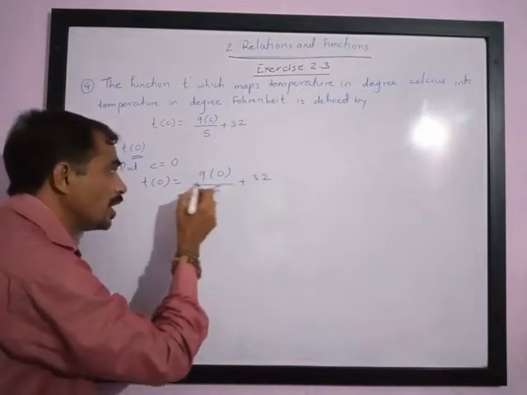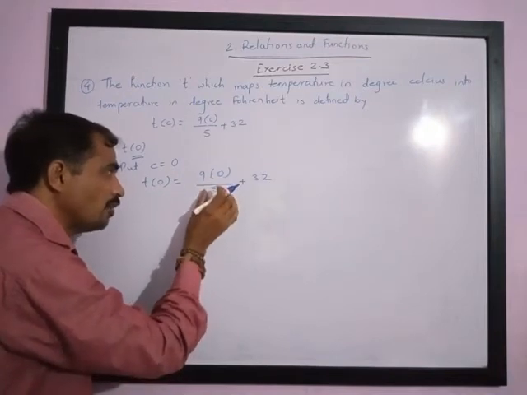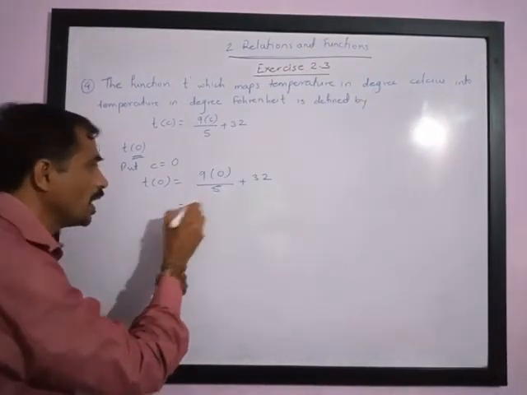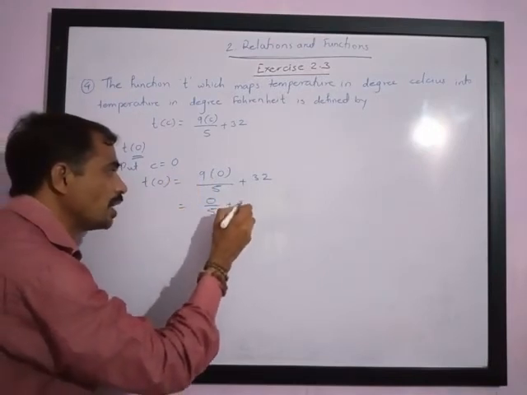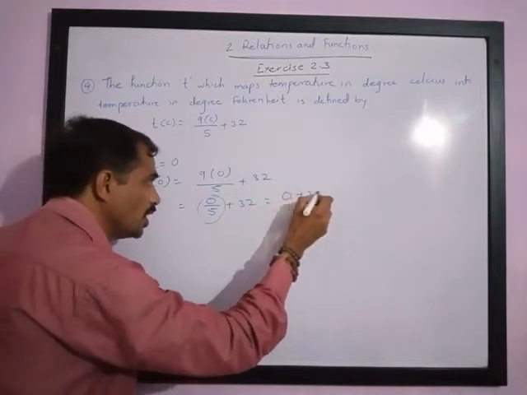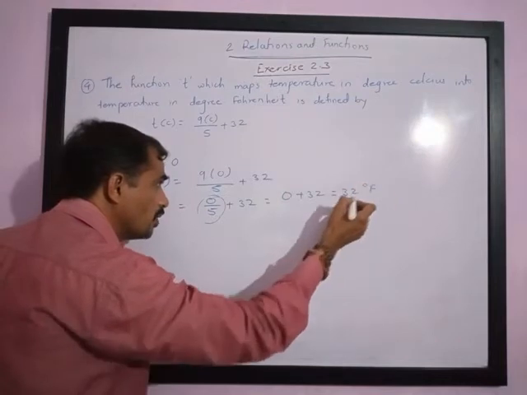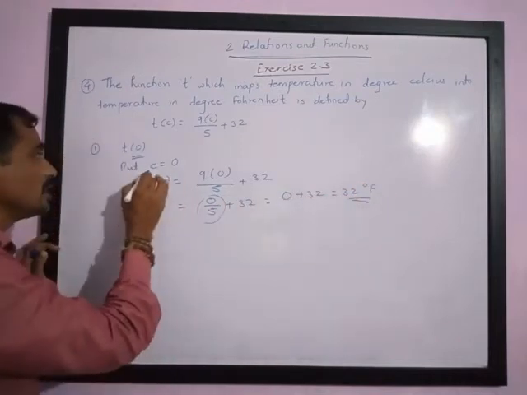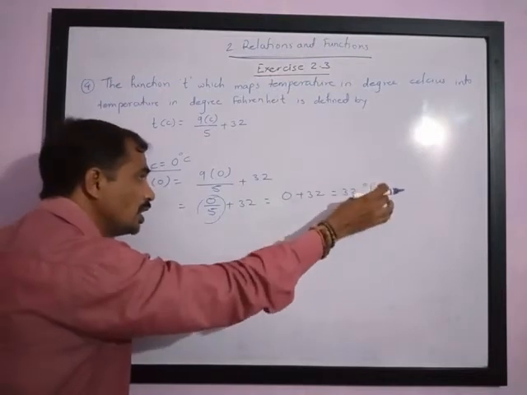Any number multiplied by 0 is 0, and if 0 is divided by any number we get 0. So this is equal to 0 plus 32. It means it is 32 degree Fahrenheit.